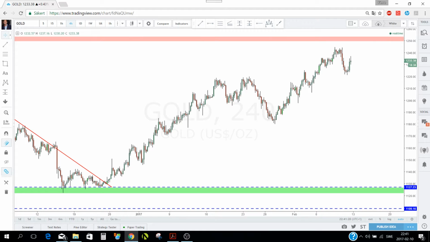When you measure a pullback or a retracement with the Fibonacci retracement, it's a percentage retracement of that last swing in the market.